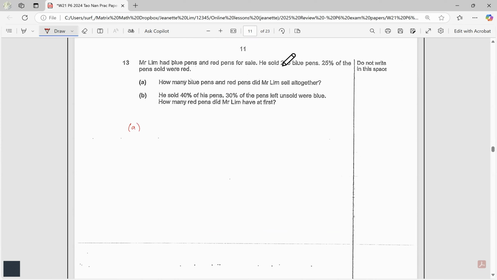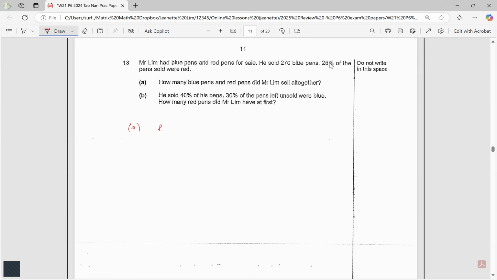Which is 270. Now, 25%, let's write it as a ratio. If they say that 25% of the pens sold were red, it means that 75% of the pens sold were blue.